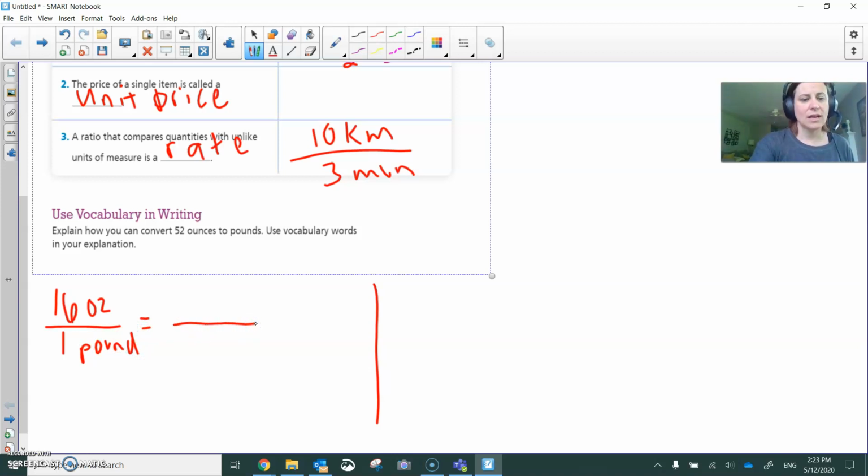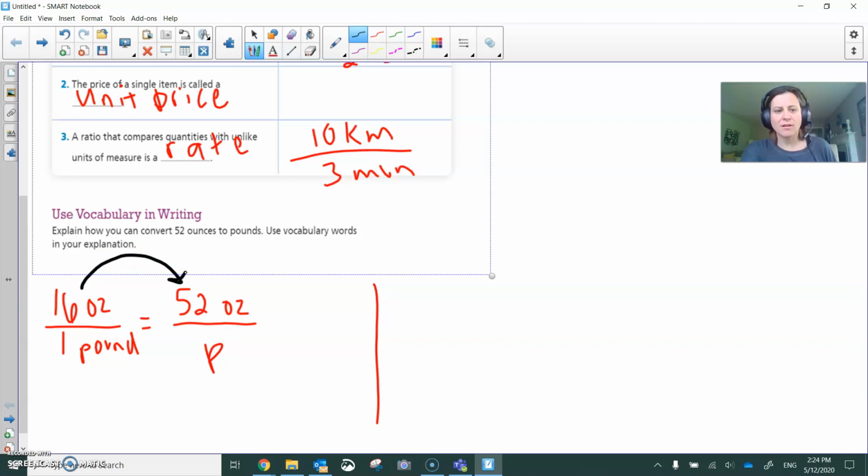And I know that I'm dealing with 52 ounces, and I need to figure out how many pounds that is. So the way that you do this is you need to figure out what you would have to multiply 16 by to get 52.